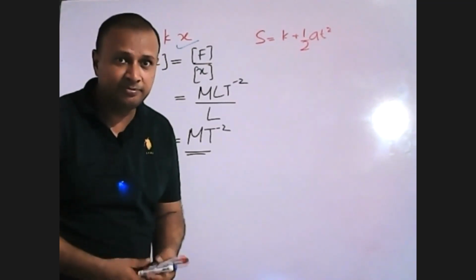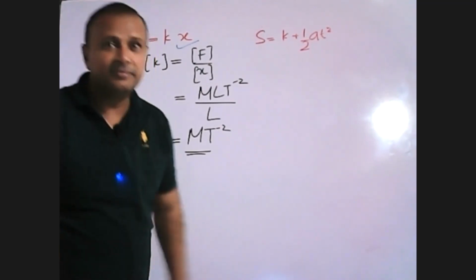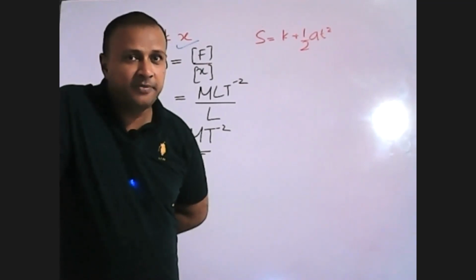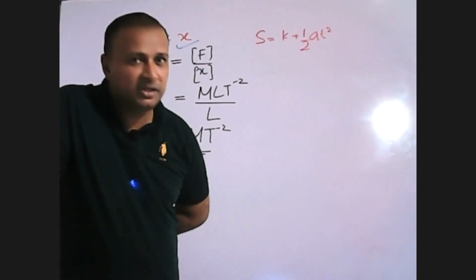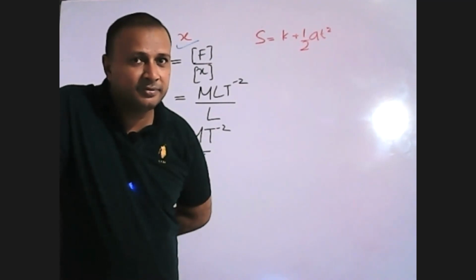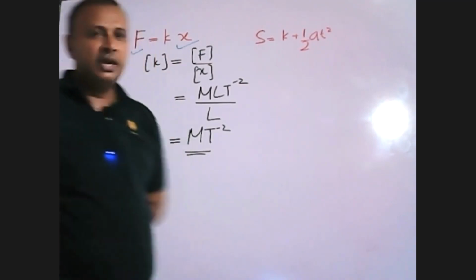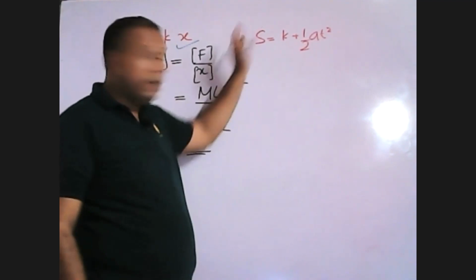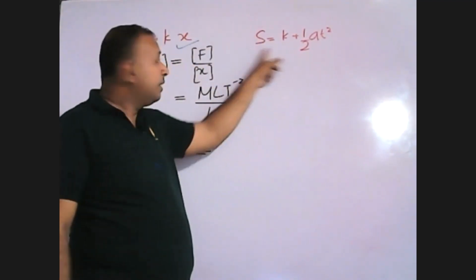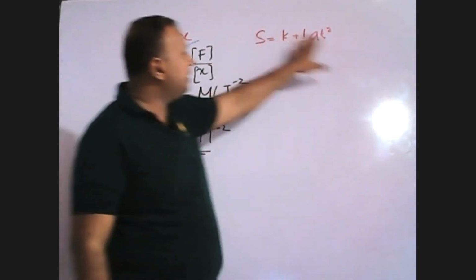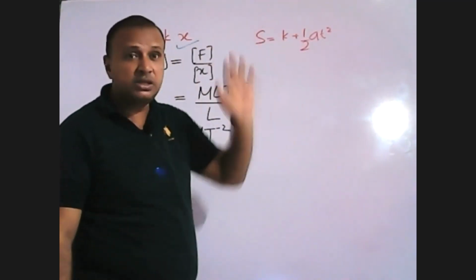Do you understand? What is our logic? According to our previous explanations, if there is a correct equation, each and every term of this equation should have the same dimension.